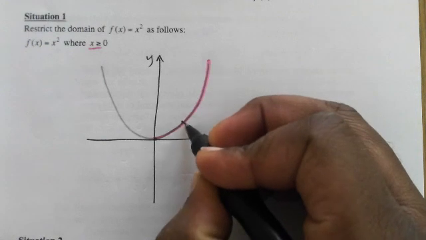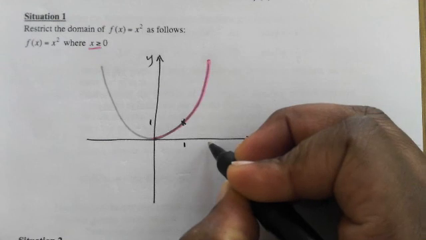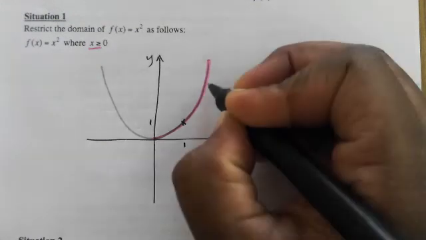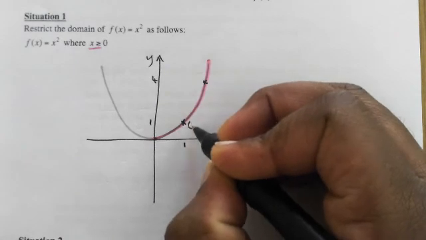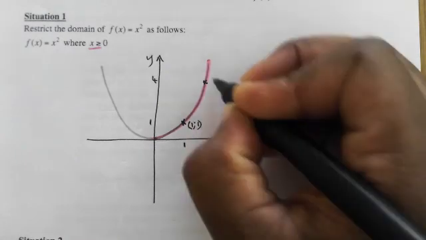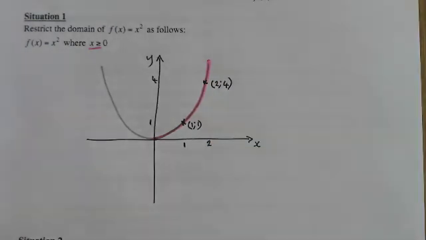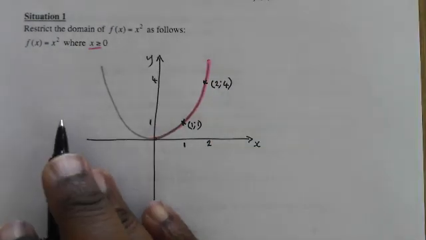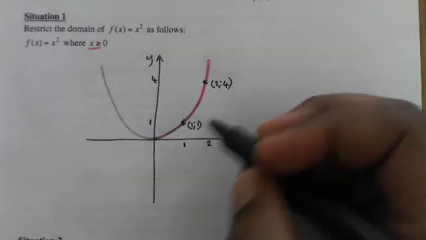So we have the first one here, x positive 1 and y positive 1. We have another one here, x positive 2 and y positive 4. So we have this coordinate 1 and 1. We have that coordinate 2 and 4. Now, remember this side doesn't count anymore because I have cut out the domain.